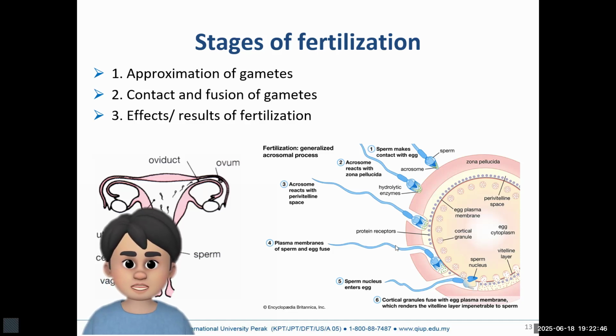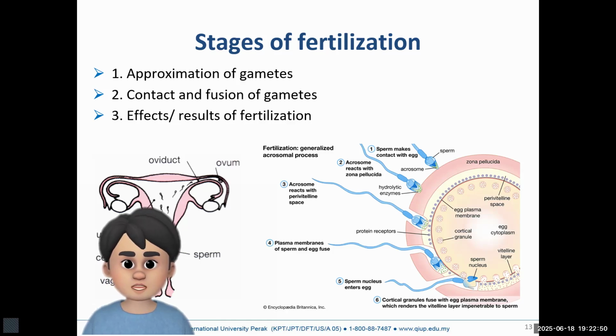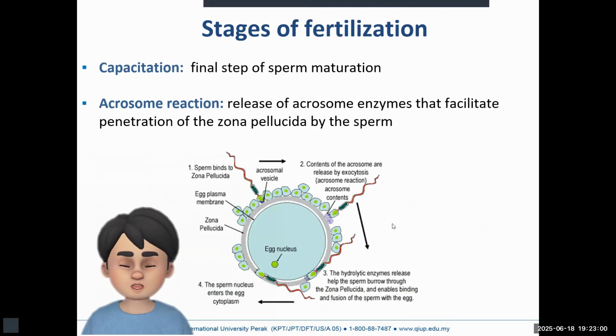The sperm nucleus enters the egg. Cortical granules fuse with the egg plasma membrane, which renders the vitelline layer impenetrable to sperm. Right. Stages of fertilization. Right. So you have capacitation, the final step of sperm maturation.